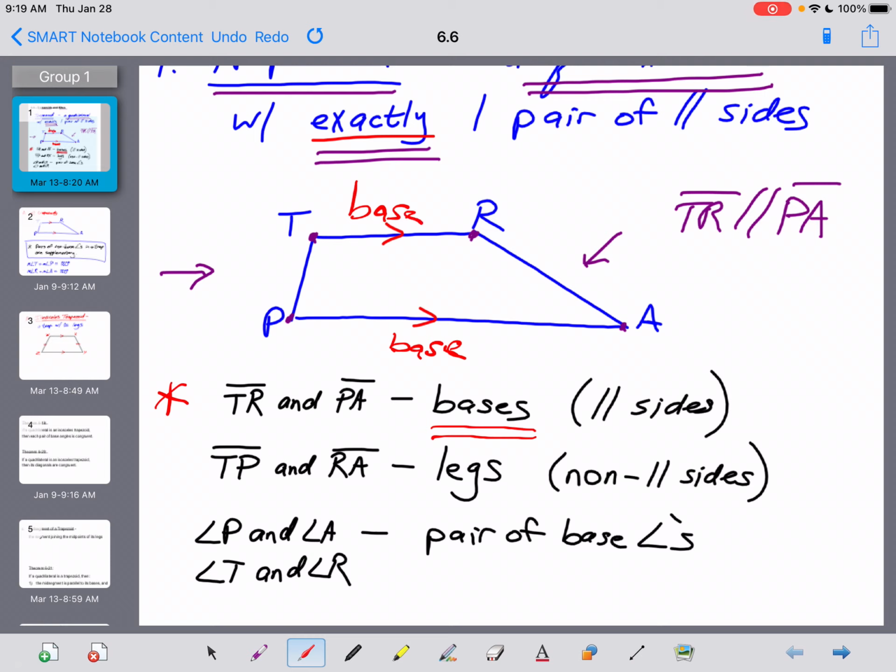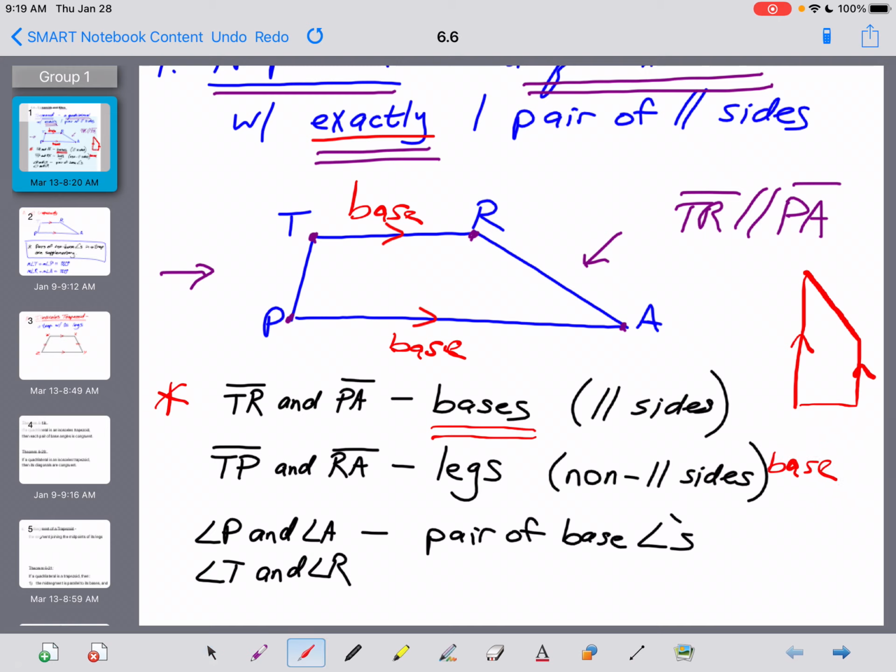But what can get dangerous, guys, is if I draw you a trapezoid, and there's no reason I couldn't, that looks like this, and told you that this left side is parallel to the right side. Now, because people usually think incorrectly base has to be on the bottom, they'll tell me that this side right here is one of the bases. And that is incorrect. Base does not mean bottom.